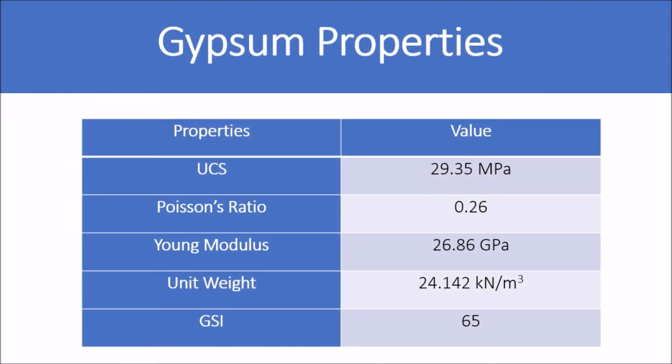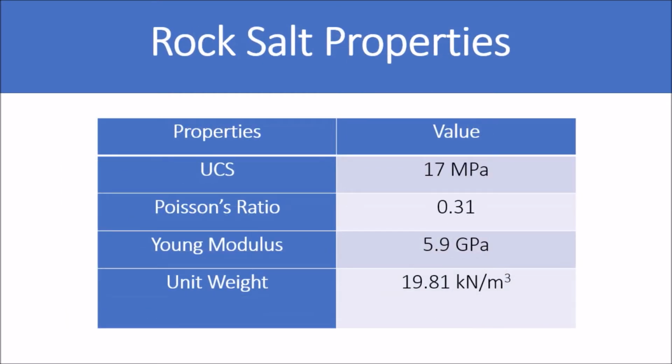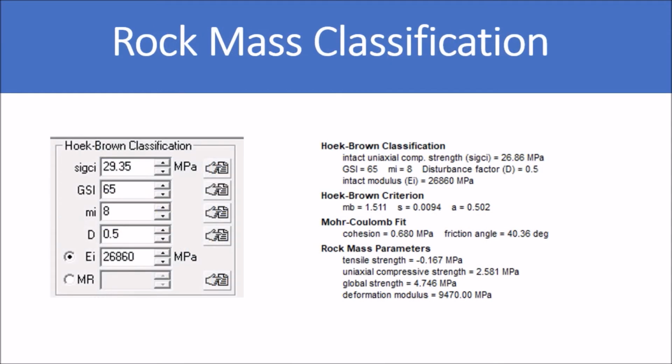These are the gypsum properties as you can see in the table, and these are the marl properties, and these are the rock salt properties that we get from different papers and articles available on the internet. Rock mass properties can be calculated using RockLab software. These are the results that we get from RockLab software.